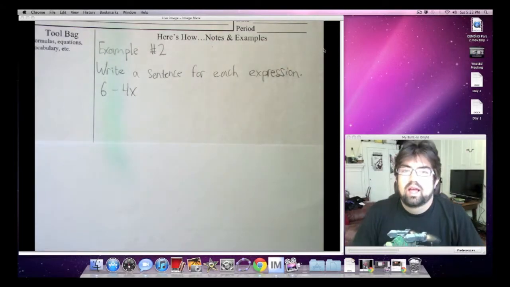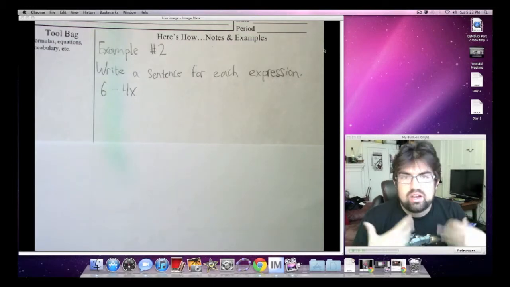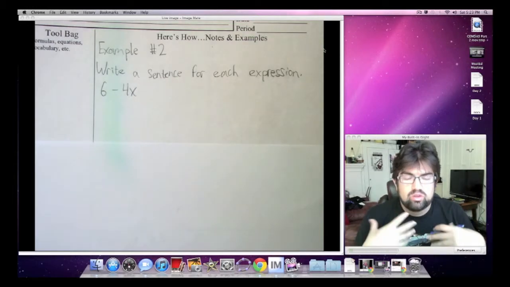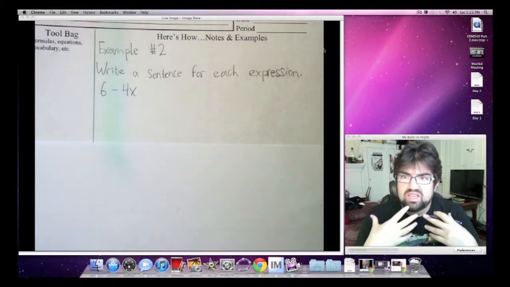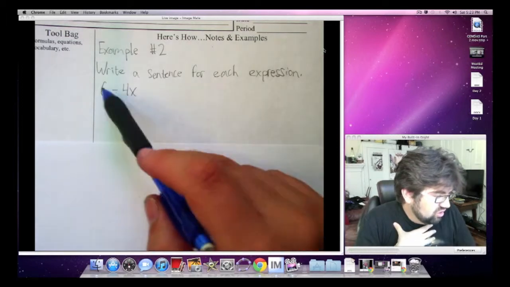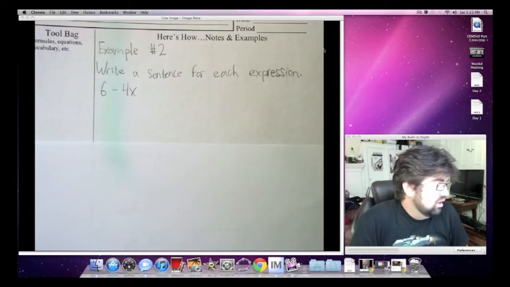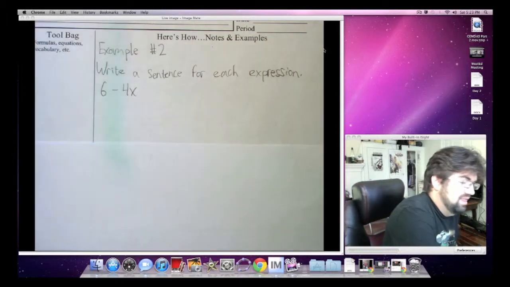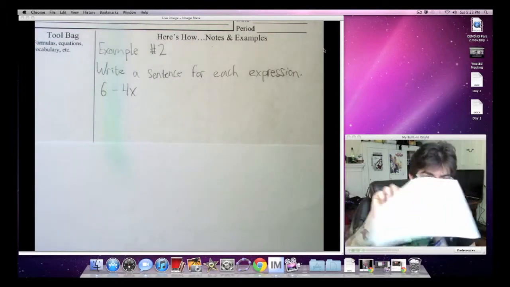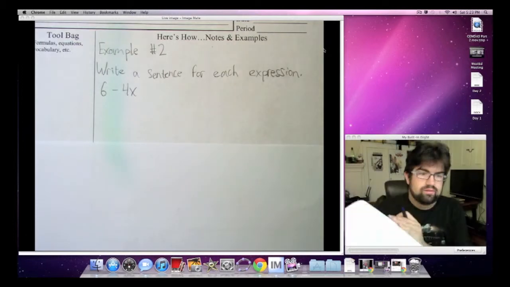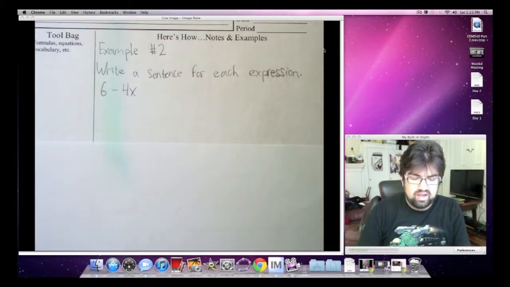So, for me, think about how you read it, like read it out loud. For me, this is 6 minus 4x is how I would normally read it. So if that's the case, I'm going to look at my phrases over here, and I've got 6 minus 4n.